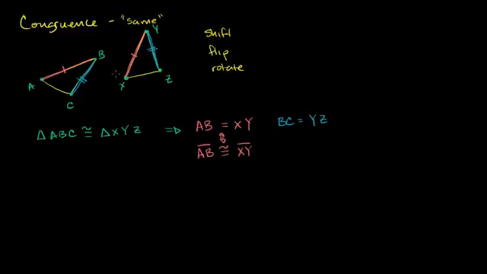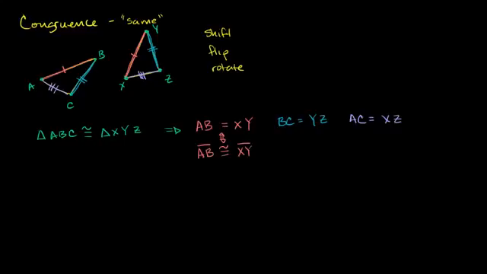Then if we go to the third side, we also know that these are going to have the same length, or the line segments themselves are going to be congruent. So we also know that the length of AC is going to be equal to the length of XZ. Not only do we know that all of the corresponding sides are going to have the same length, if someone tells us that a triangle is congruent, we also know that all the corresponding angles are going to have the same measure.